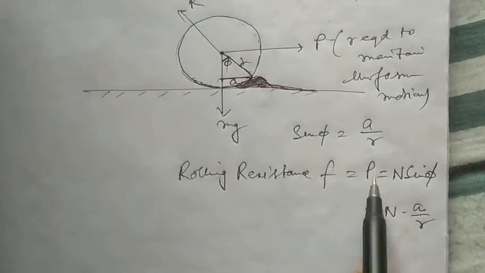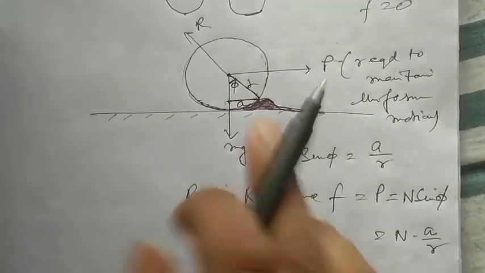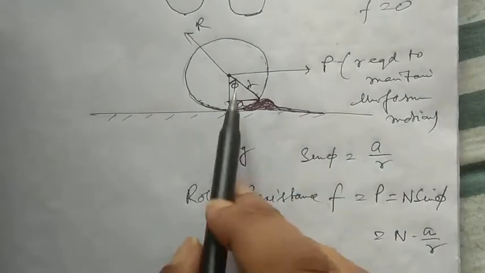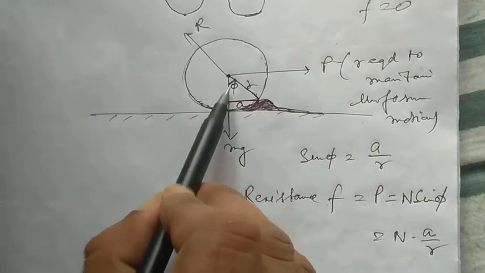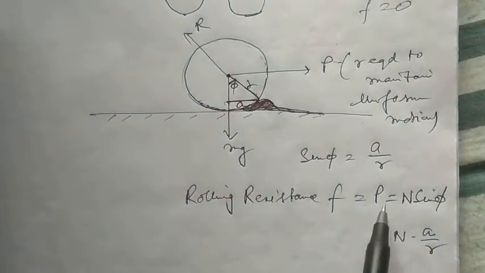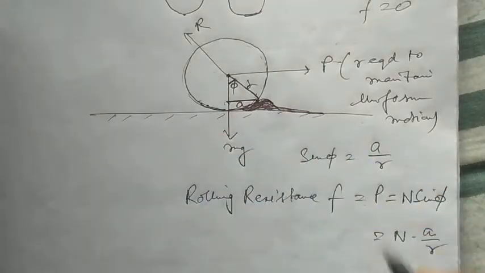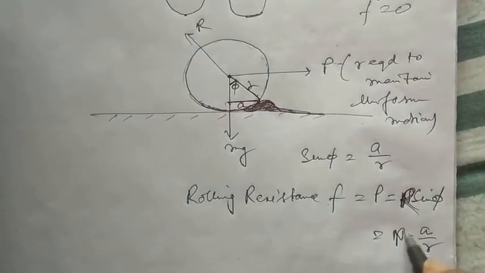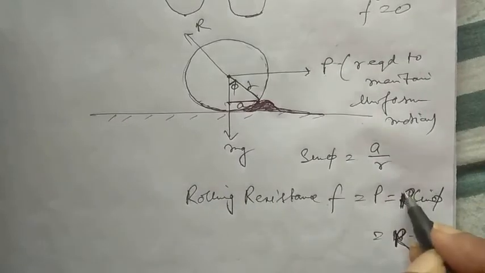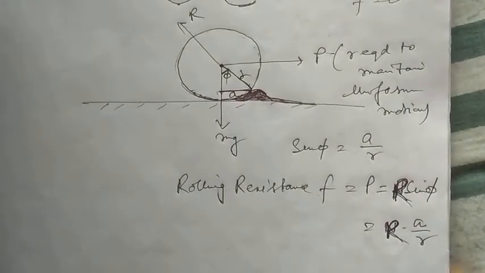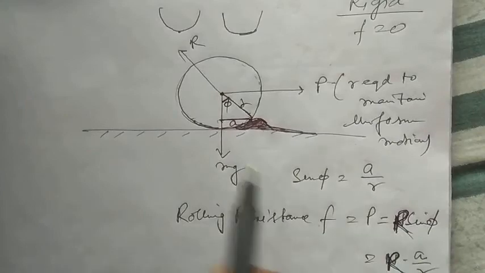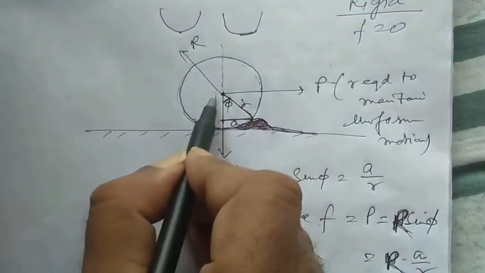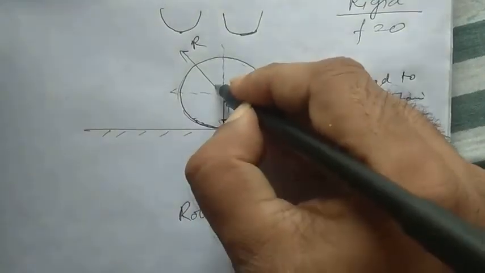Now F is equal to P, the frictional force will act in the opposite direction to P. So F is equal to P. Now what was P? This was N, or rather sorry, it is R, not N. R sine phi. So this is R. We can draw the components of this R. This is phi, this is phi.